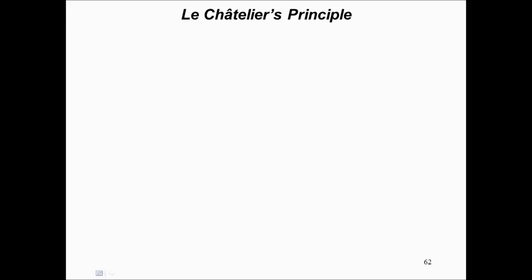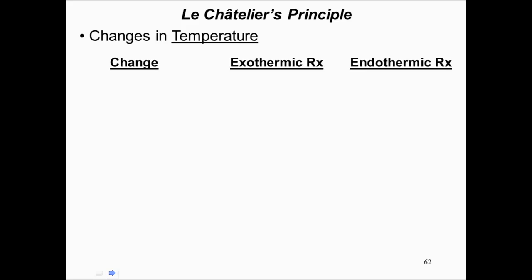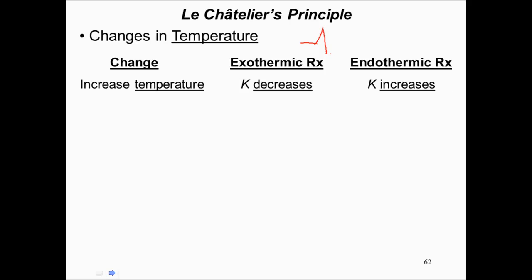Slide 62, continuing with Le Chatelier's principle, what happens when we change temperature? Well, it depends. Let's look at the change and what type of reaction we have. If you increase the temperature in an exothermic reaction, the system will try to decrease the temperature, and so what that will do is cause our equilibrium constant to decrease.